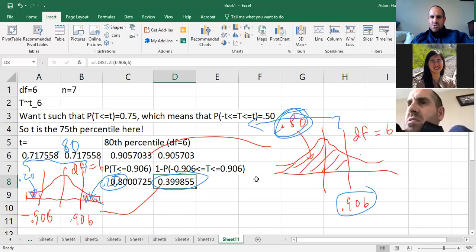And the T distribution is almost exclusively built to help us in the confidence interval context. So that's why this thing gets reported in this weird way. Whereas the normal distribution gets used so widely that they don't necessarily report things the same way they do for the T distribution. So hopefully that makes sense.